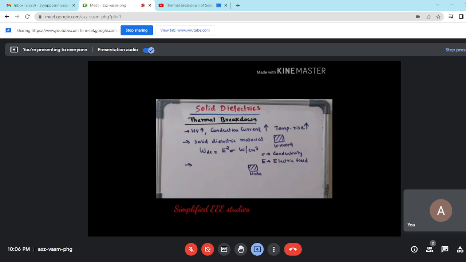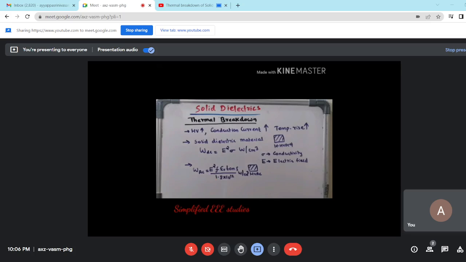That bulk amount of heat can be calculated by using the equation W_AC, which is given by, please note down, E squared into f into epsilon r into tan delta divided by 1.8 into 10 to the power 12 watt per centimeter cube, where E is the value of electric field.